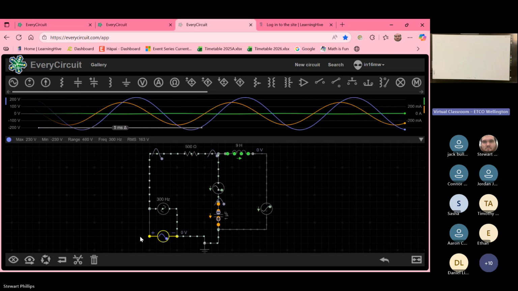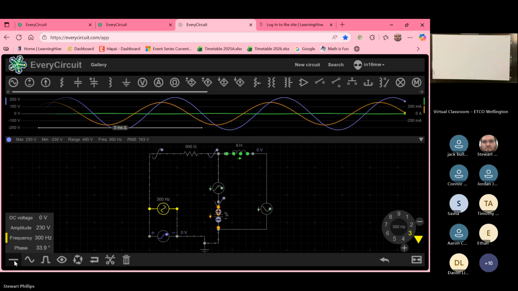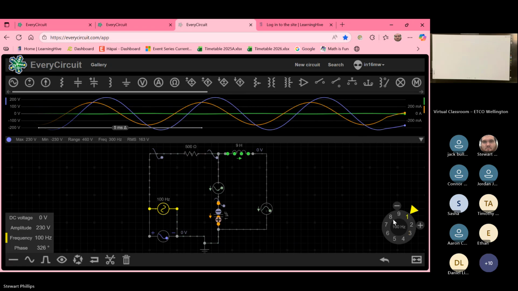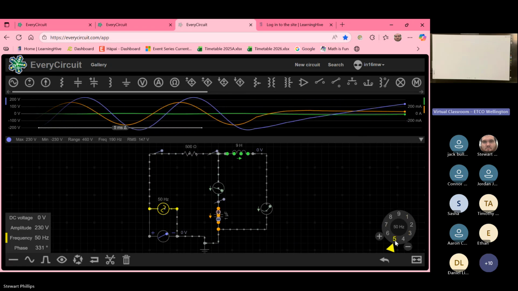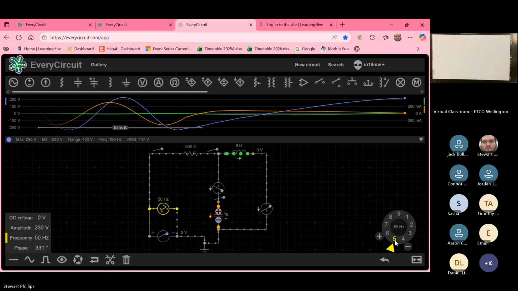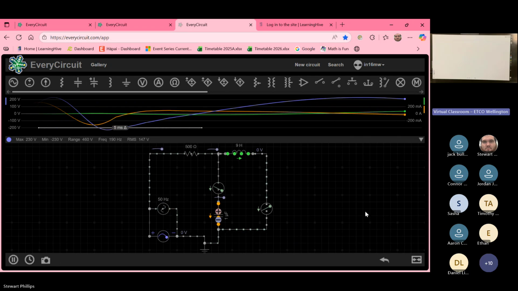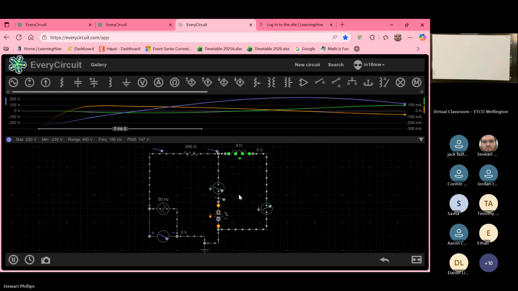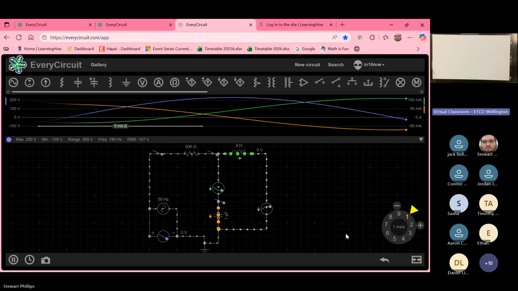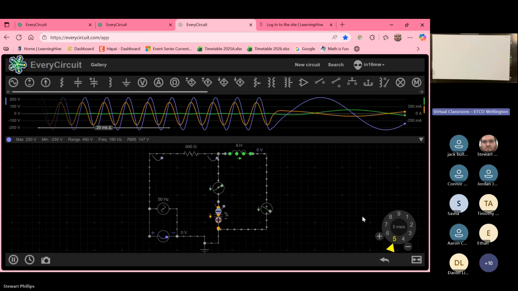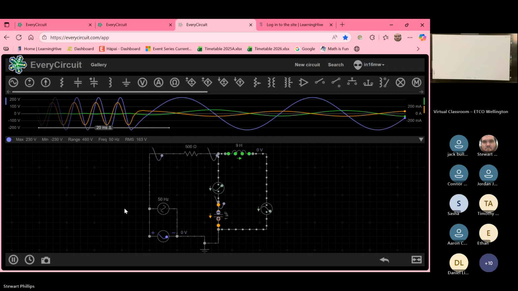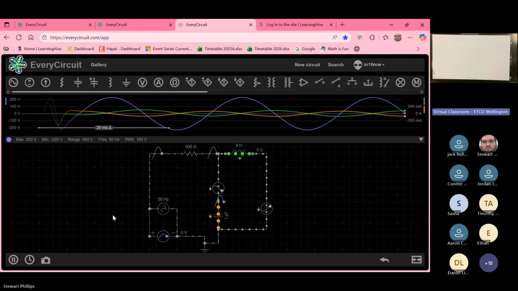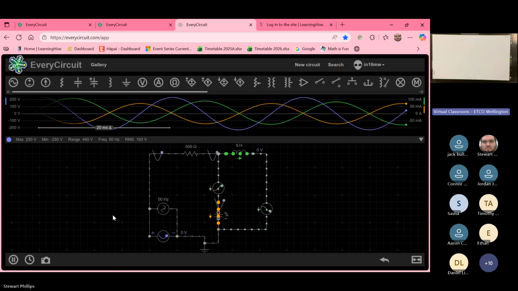So if I go back to the supply and drop the frequency back down to 50 hertz, everything is kind of evened out again. I'll increase the time frame. The current change between the inductor and the capacitor is pretty much the same.